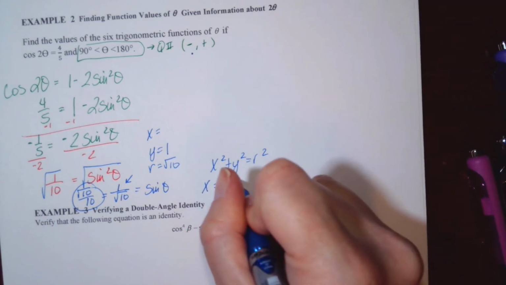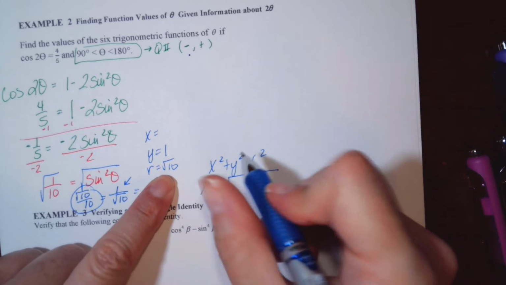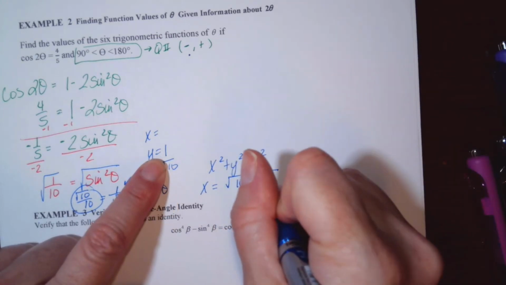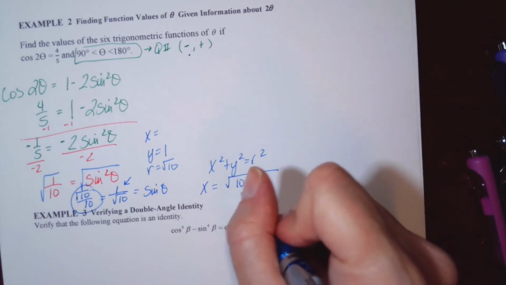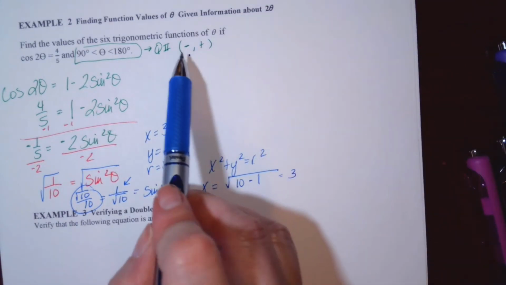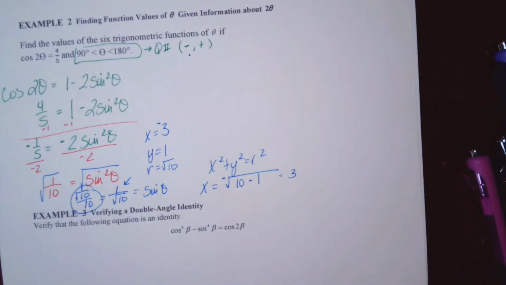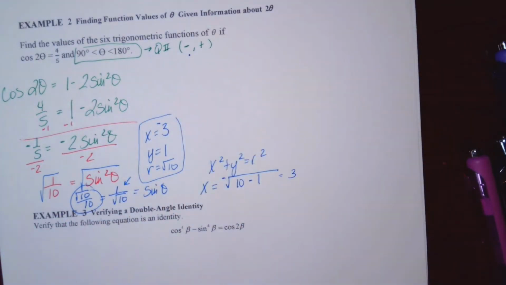So x is equal to the square root of r squared, square root 10 squared is going to be 10, minus y squared, 1 squared, is 1. 10 minus 1 is 9, square root 9 is 3. And because I'm in quadrant 2, I know that x is going to be negative. So there are my 3 values, x, y, r.